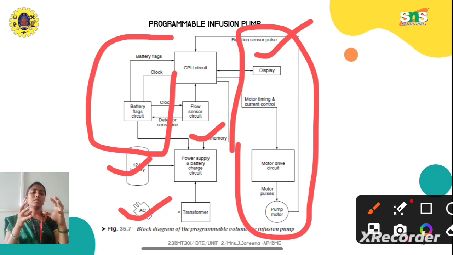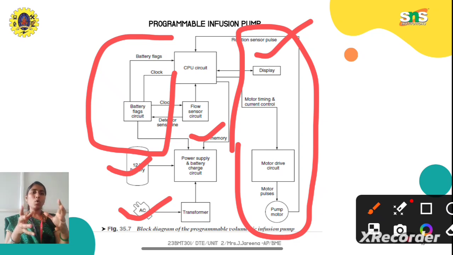The CPU collects all the information from the different sensors and driving circuits and compares it with the threshold limits, the preset values already programmed in the CPU circuit. It matches each and every parameter and then decides whether to control the motors or to give indications or notifications to the physicians. This is how the closed feedback control system works in a programmable infusion pump.